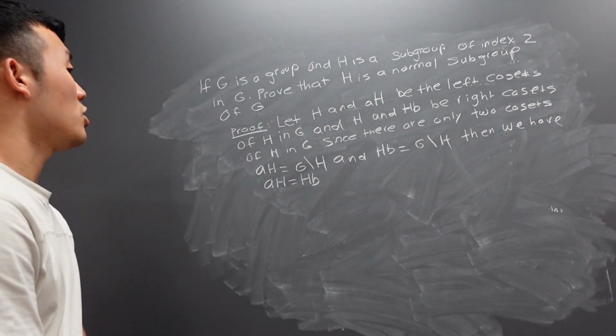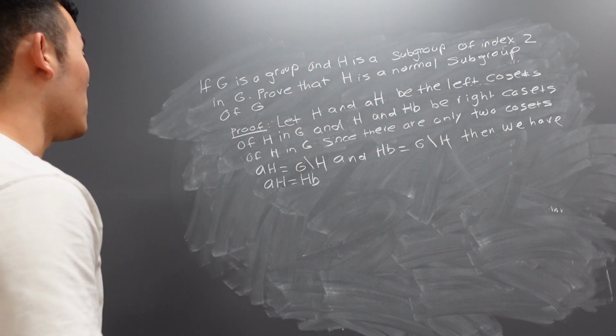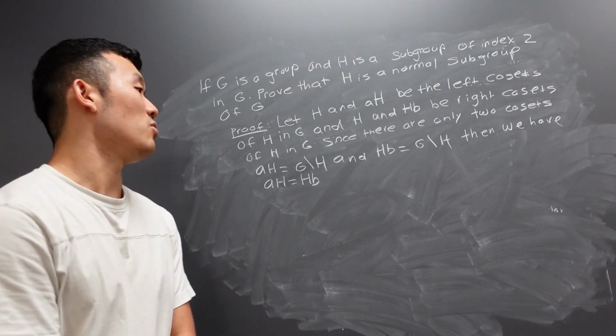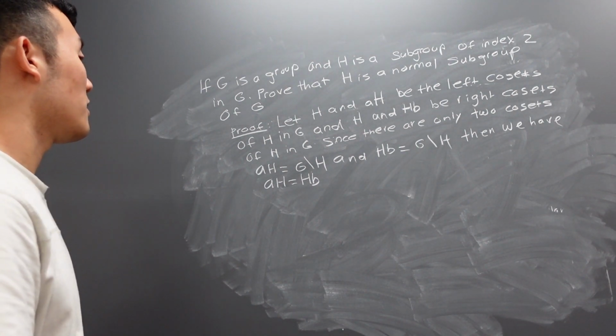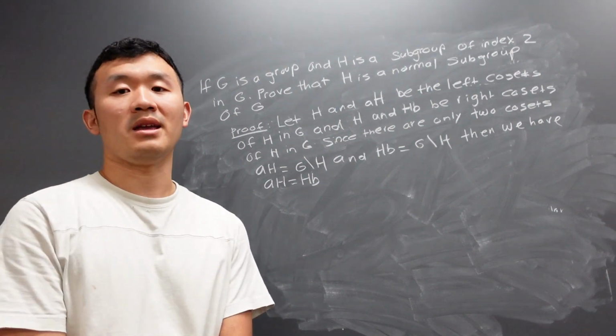And now we need to show that H is normal in G. We want to show that xH is equal to Hx for all x inside G.